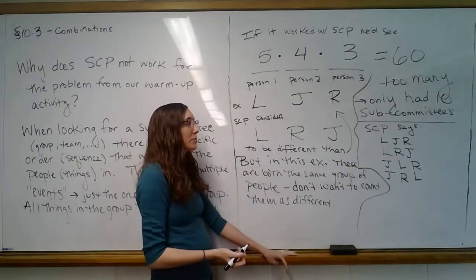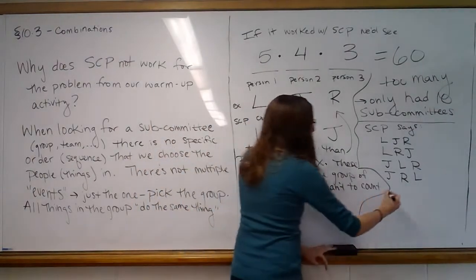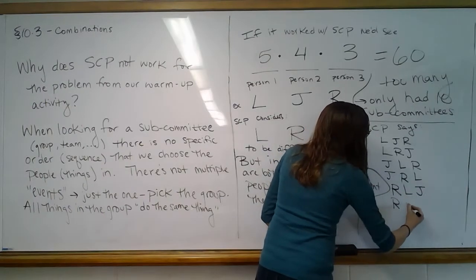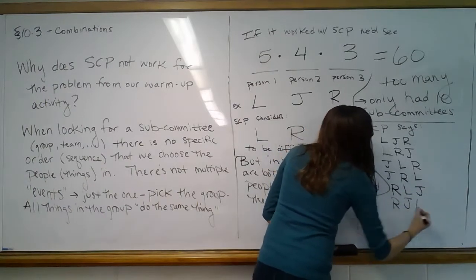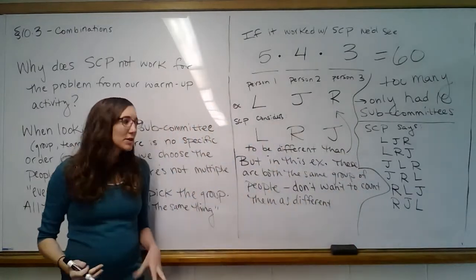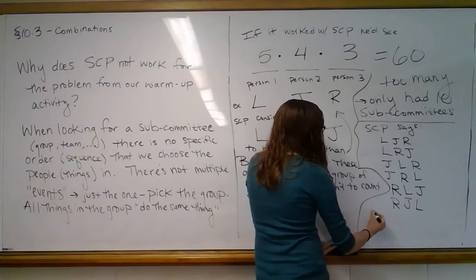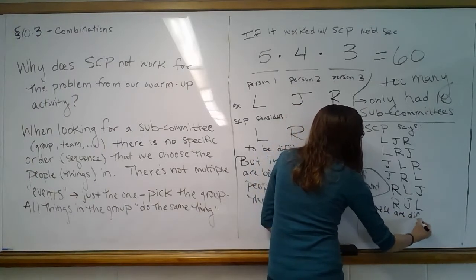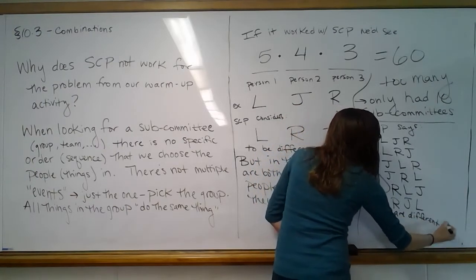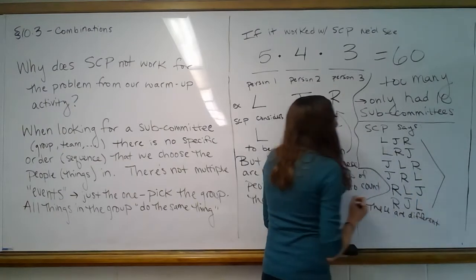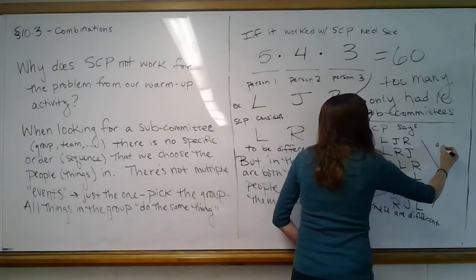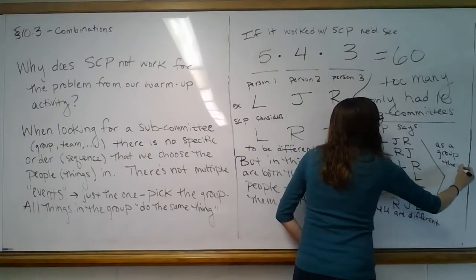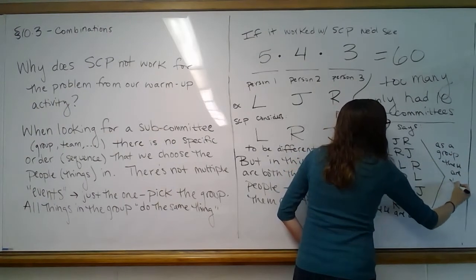Or we also have the option of picking Ron first, then Leslie and Jerry, or Ron and then Jerry and then Leslie. Sequential counting says these are all different, but as a group, these are the same.